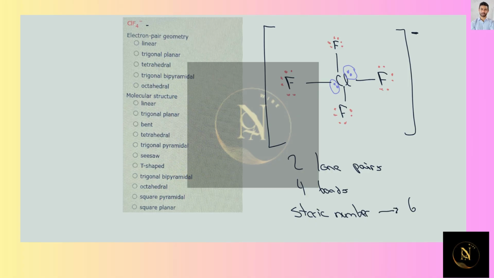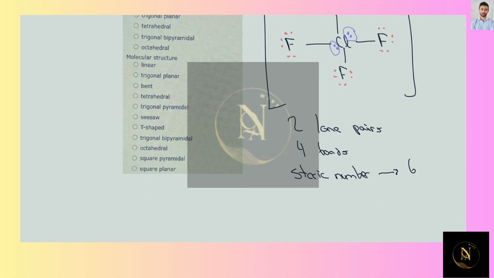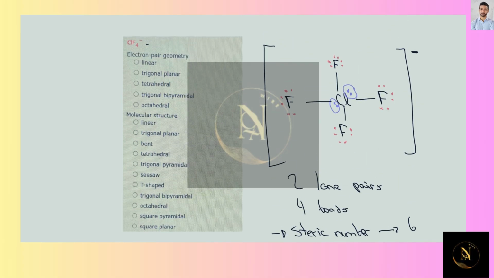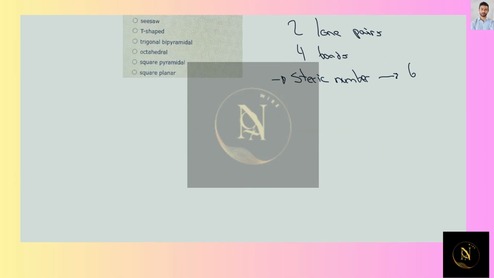corresponds to 6. So over here you can look up what is going to be the structure given a steric number and the number of lone pairs that we're going to have. In this case, the steric number is 6, so the structure would correspond to an octahedral structure on the electron pair geometry. Thus, if we are looking at our compound, what this is going to look like is going to be our chlorine.